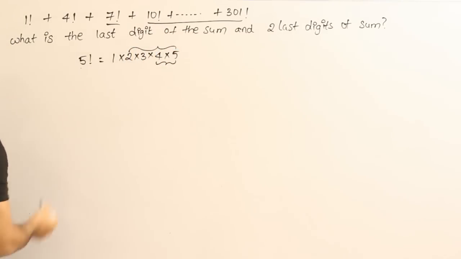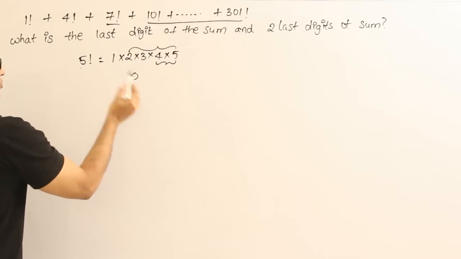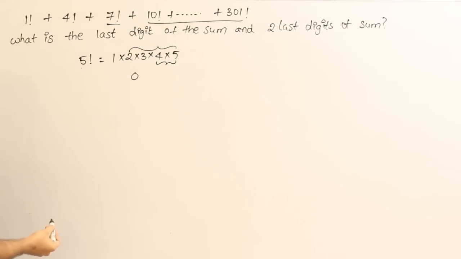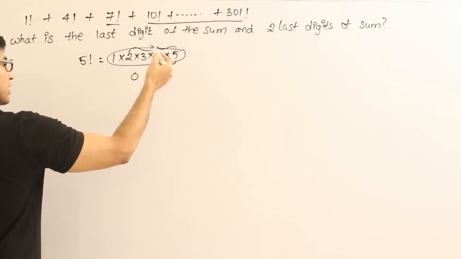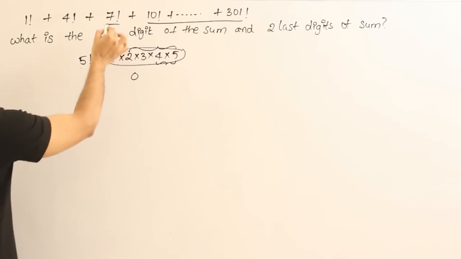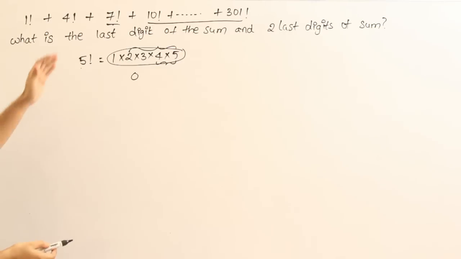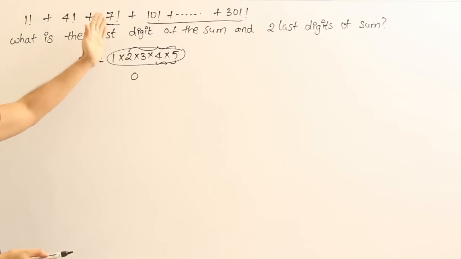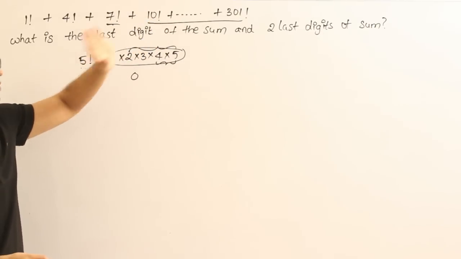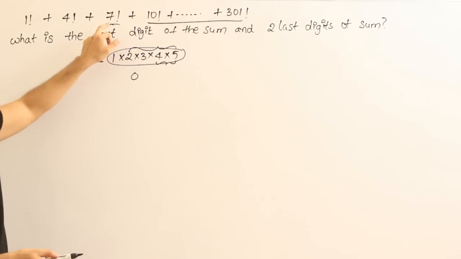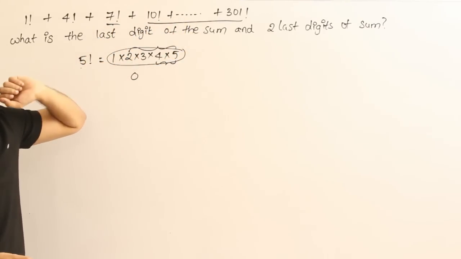Therefore 5 factorial is going to end with a 0, and anything above 5 factorial, which means 6 factorial, 7 factorial, is going to contain 5 factorial in them. Therefore they will also end with 0. From 5 factorial onwards everything will end with 0. And I just told you that because of this 10 everything is going to end with 0. Therefore here the last digit will be 0, and here also the sum will have last digit 0.